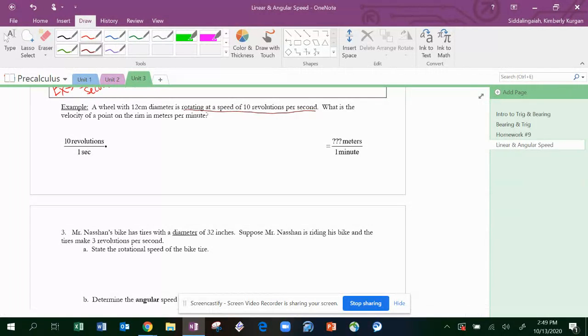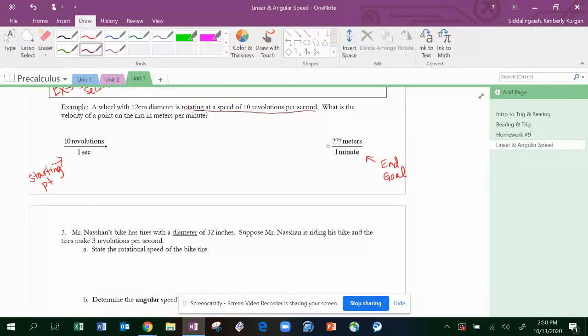Now, the question is asking for the velocity of a point on the rim in meters per minute. So that's a linear speed, what we think of as like miles per hour. Somehow we have to go from a rotational speed to a linear speed. This is our starting point, and this is our end goal.